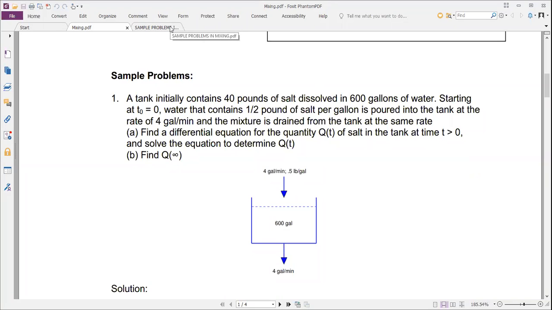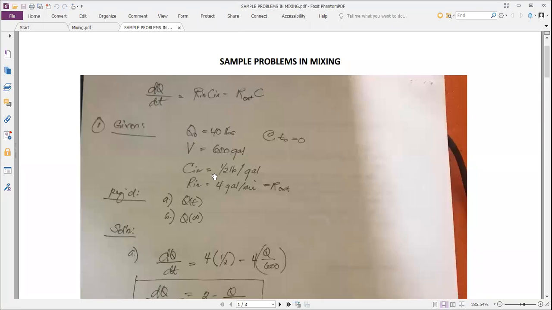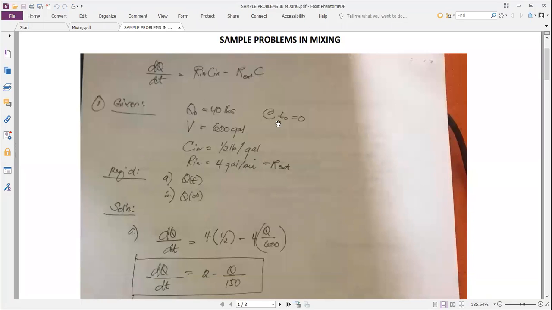So the concentration in is 1/2 pounds per gallon, and the rate is 4 gallons per minute.